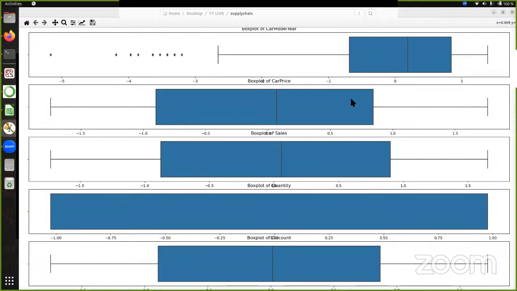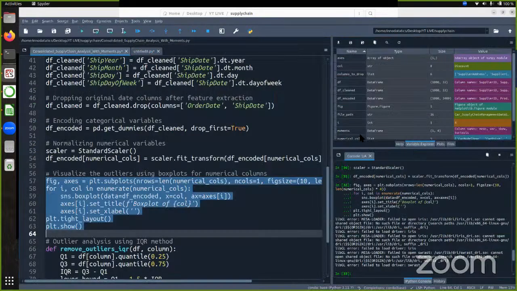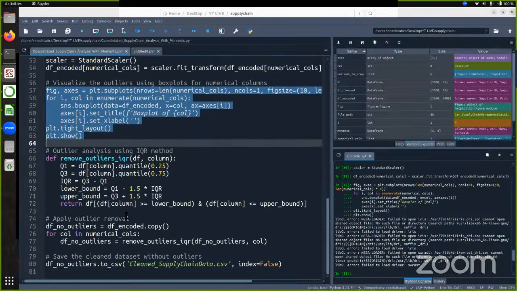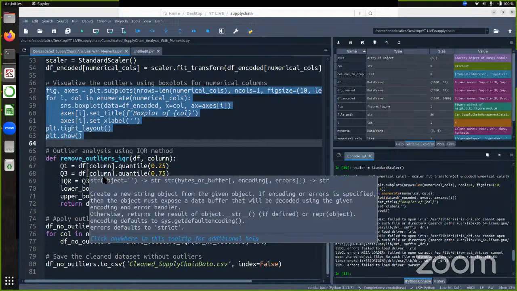So here we can see that in most columns, we don't have any outliers. So we don't really need to do any kind of treatment for outliers. Okay. So here I will take care of the outliers which are present in the column, and the outlier analysis that I will do is going to be based on the IQR method, which is a standard method that we follow when it comes to our outlier analysis.